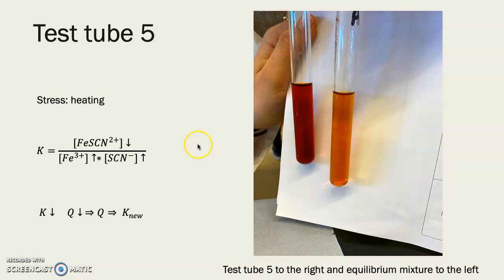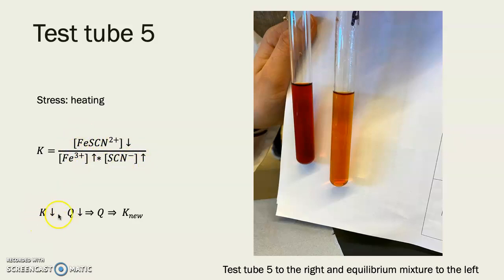At test tube 5, we know that heating up the solution makes the rate of reaction increase, and the reaction gets faster. And the temperature affects K, the equilibrium constant. In this experiment, K has decreased because of a smaller number in the numerator and a bigger number in the denominator.